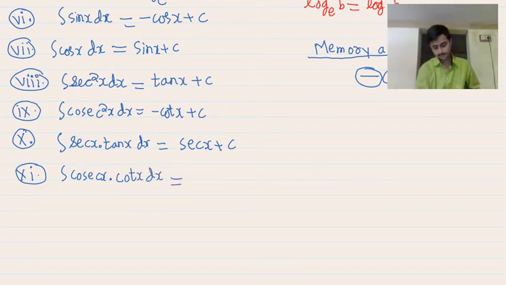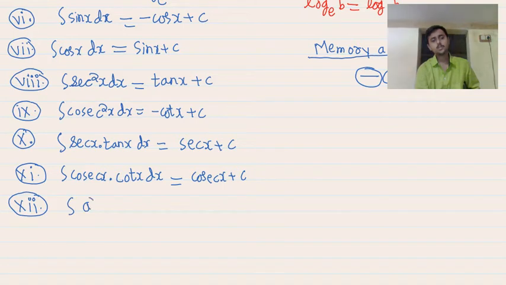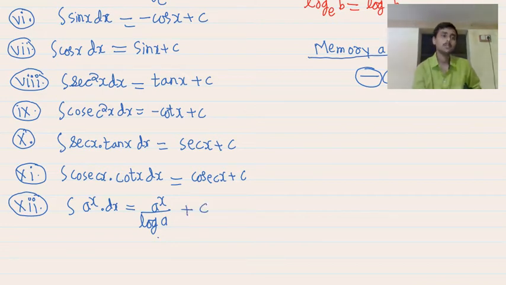This would be minus cosec x plus c. And the last formula among the basic formulae would be integration of a to the power x dx is equal to a to the power x upon log a. I am not writing the base, so it means that the base is e, plus c. These are our basic formulae.